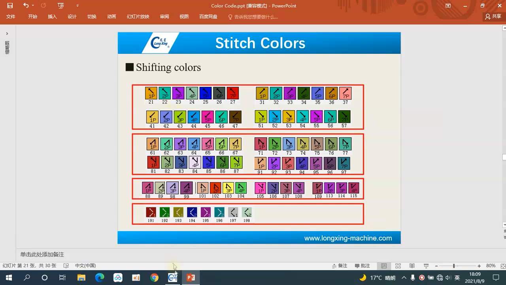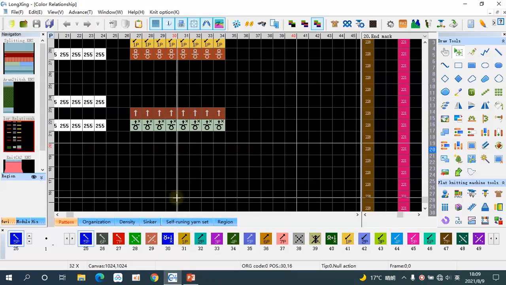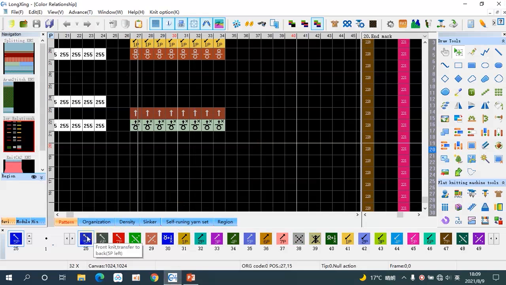For example, like 25. See the catalog. You can see it is front knitting, then shifting 5 needles towards the left, like 91.